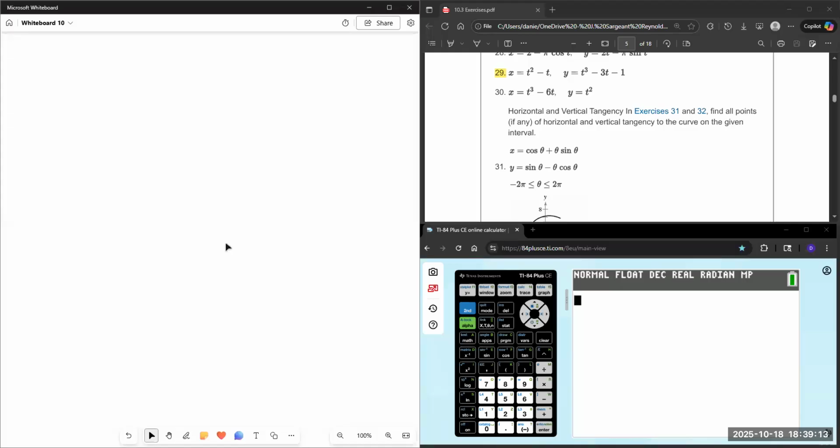Says x is equal to t squared minus t, y is equal to t cubed minus 3t minus 1.